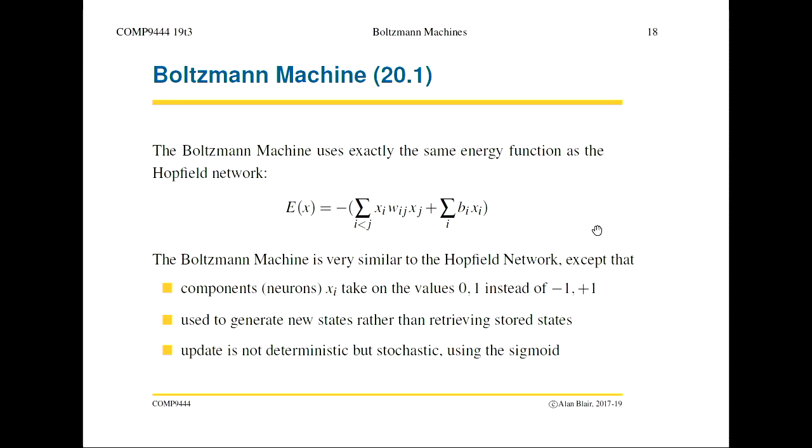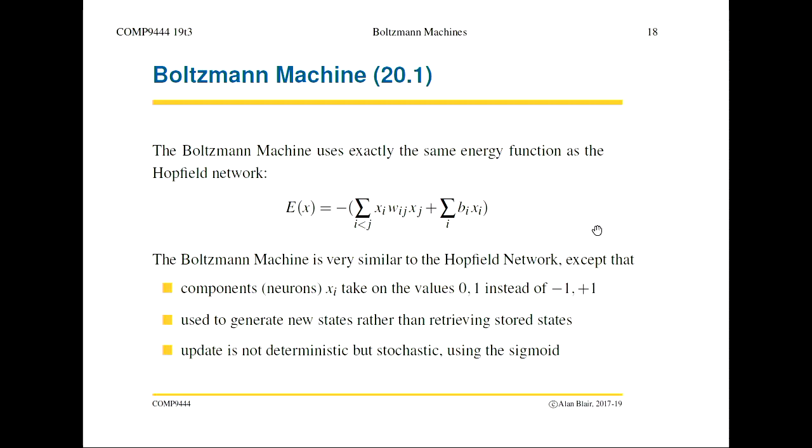This turns out to be a more general model, and if you remember the Hopfield network, one of the consequences of using -1 and 1 was that if you stored one image, the negative of the image would also be stored. We don't really want that symmetry, so this gets rid of that. So these xi's are either 0 or 1.